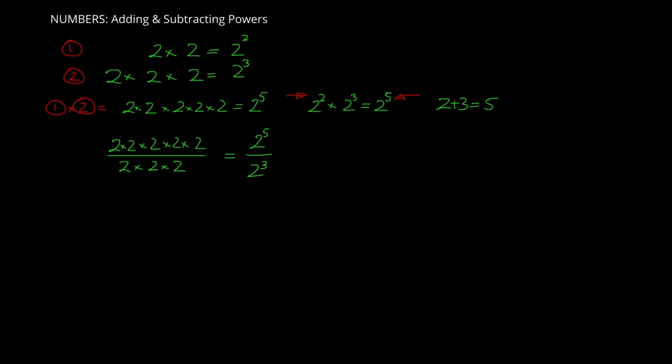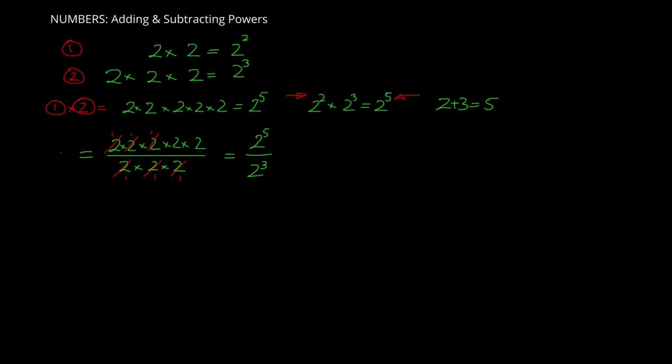Right, let's do some cancelling. That first 2 cancels with the bottom 2. That 2 cancels with that 2. That 2 cancels with that 2. And let's put little ones here to remind ourselves that we've not just crossed the numbers out, they've cancelled down to 1.